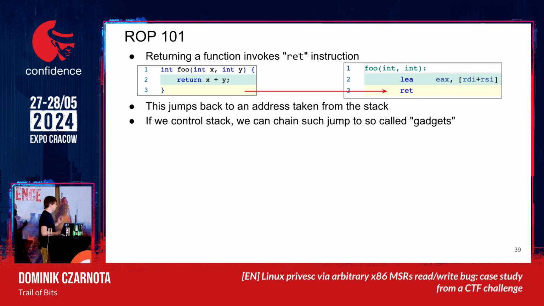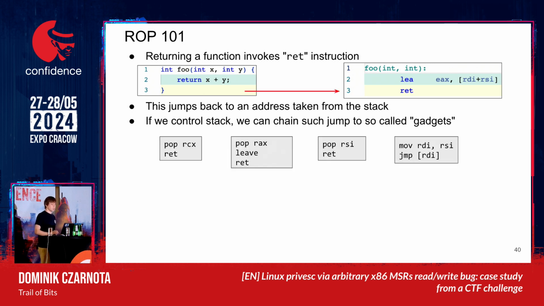So if we control the stack memory, we can actually chain jumps like this to a thing that we will call gadgets. Those gadgets will be some very small pieces of assembly code that end in the ret instruction.